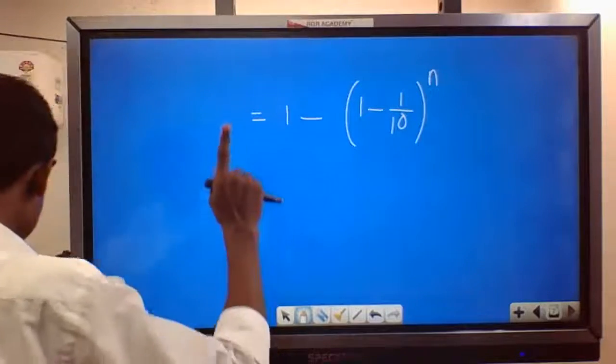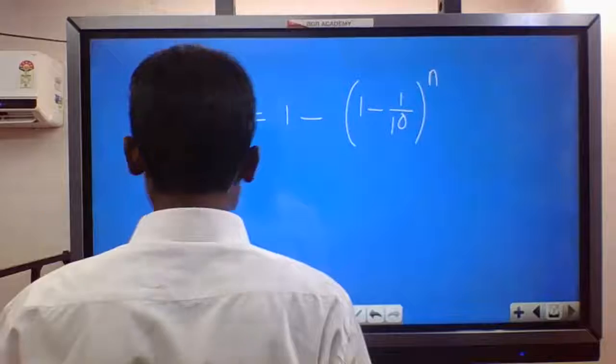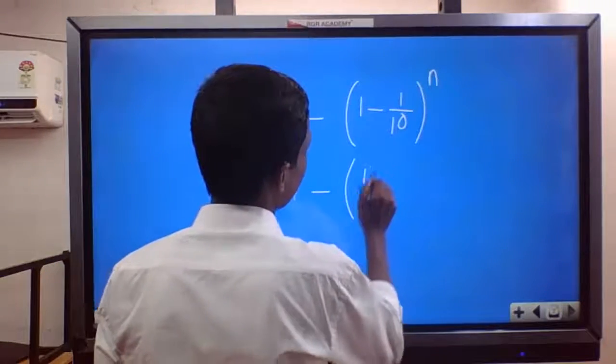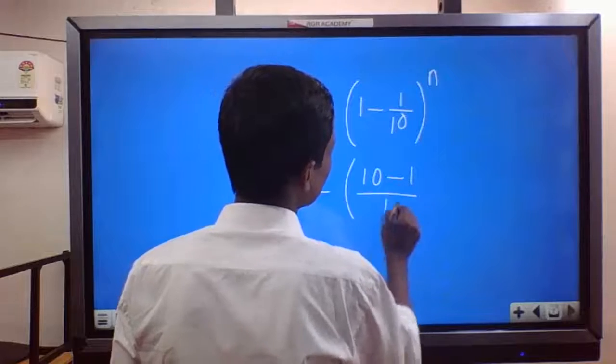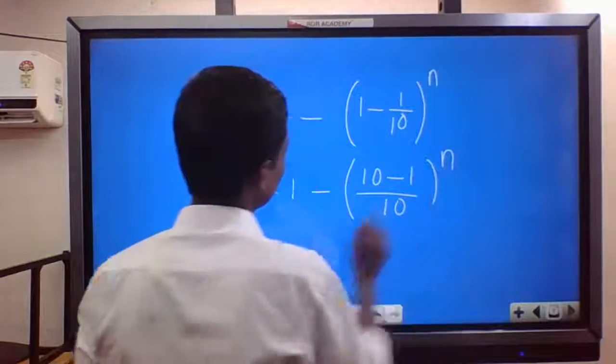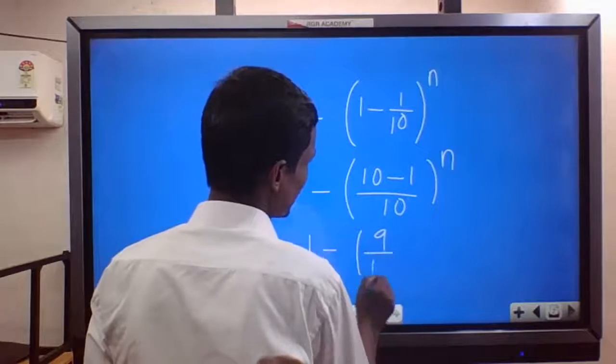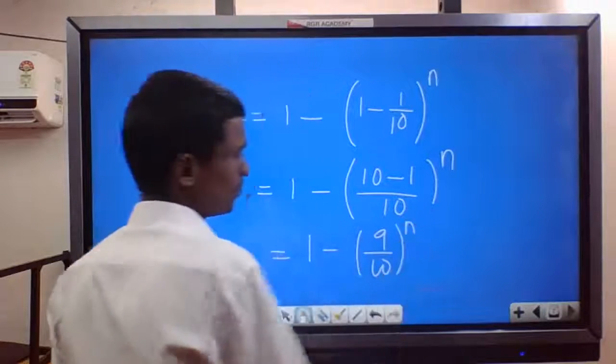That is 1 minus (9 divided by 10) whole power n.